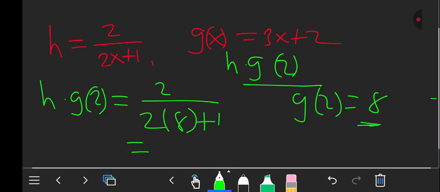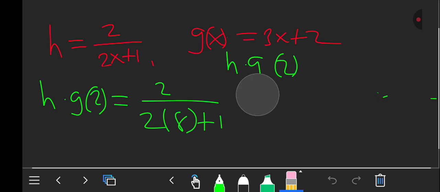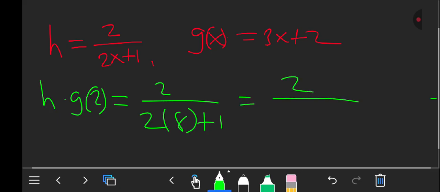So this will give us 2 over 2 multiplied by 8, that will give us 16, 16 plus 1, that is 17. So it's giving us 2 over 17.